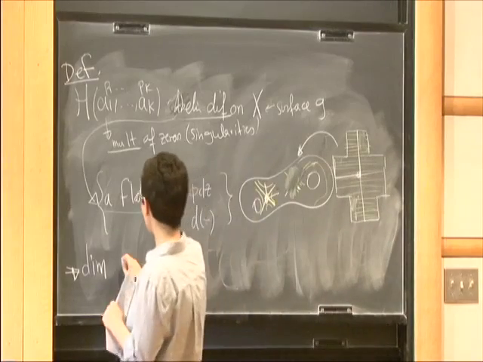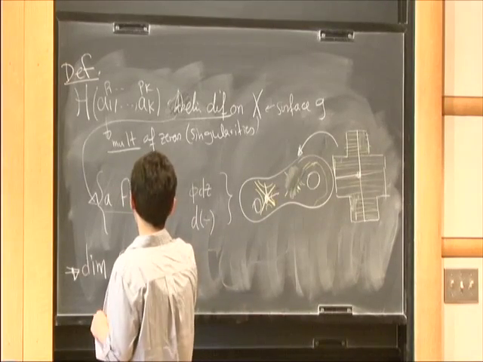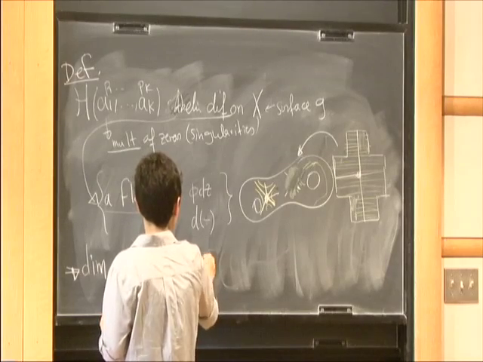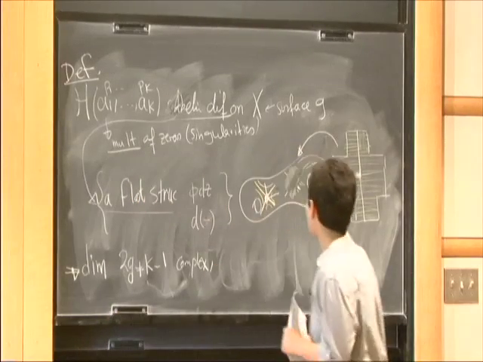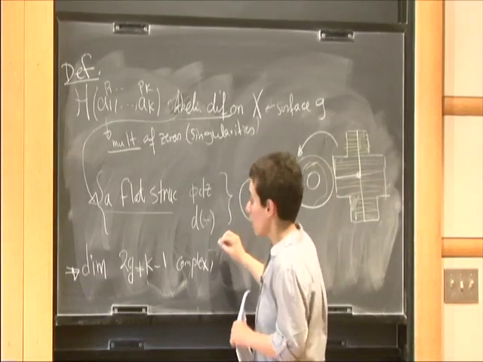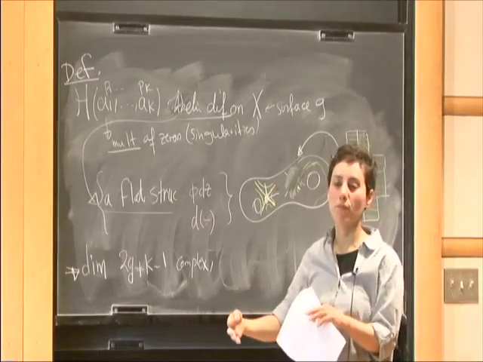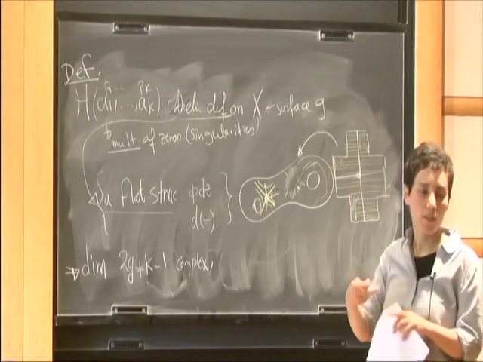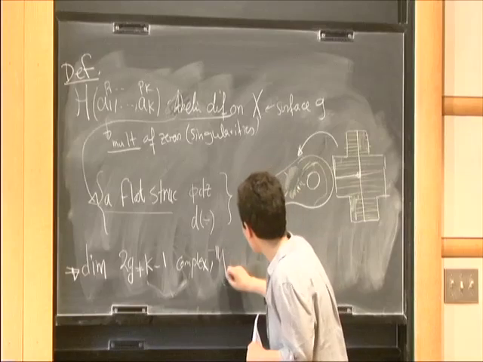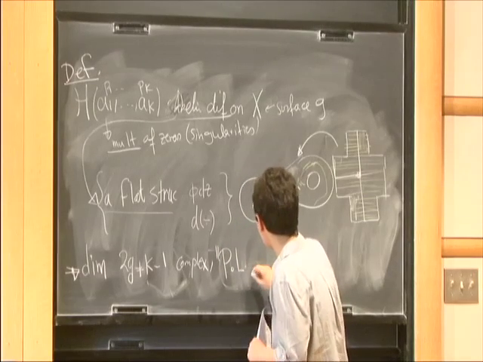It has dimension 2G plus K minus 1 complex. And so if you have a holomorphic one form and it's locally, it's a space of almost flat structures with finitely many singularities, but it itself has a piecewise linear structure.